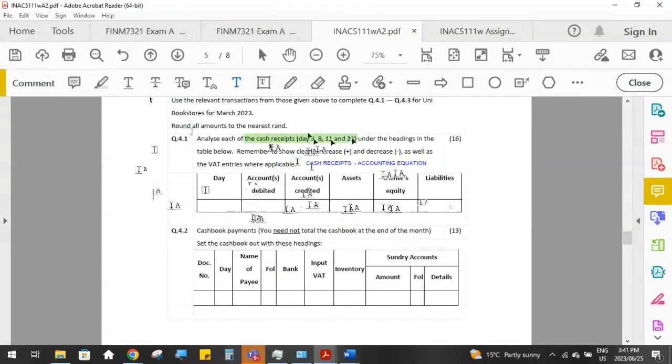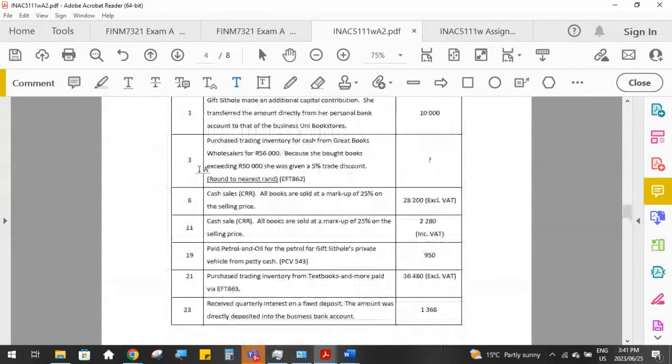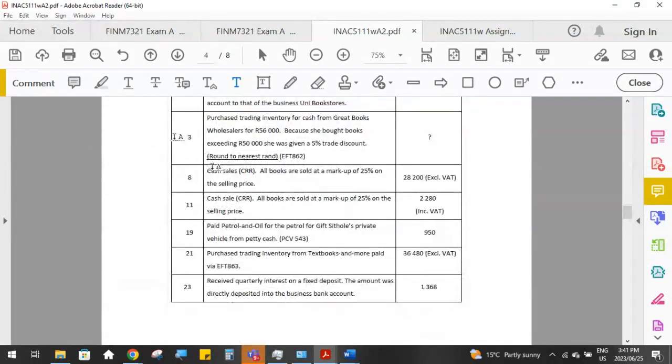So 3, 8, 11, and 23, let's take a quick look at that, and then we'll look at the answer. So 3 is we purchased trading inventory for cash. So we paid cash to Great Books wholesalers for 56,000 Rand. That's the total amount of the purchase. But because we bought books for more than 50,000 Rand, we were given a 5% trade discount, and it says here round to the nearest rand.